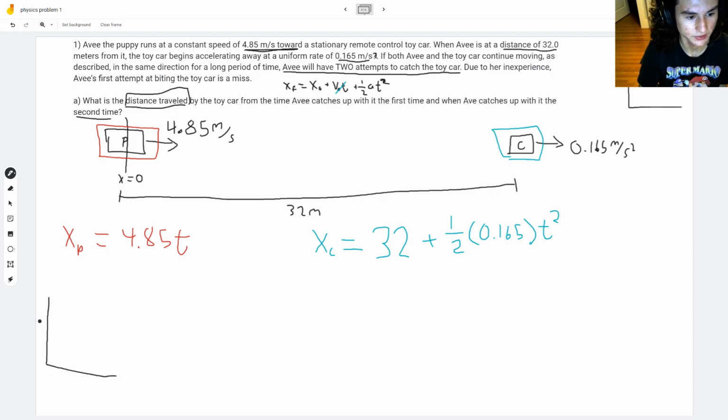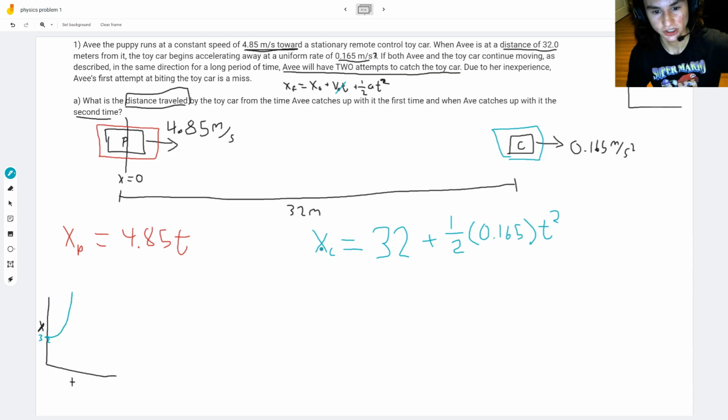If we say this is the position or distance from 0, and this is the time, basically the car will start up at 32, and the position is going to be quadratic, because we see the squared, that should be a giveaway.